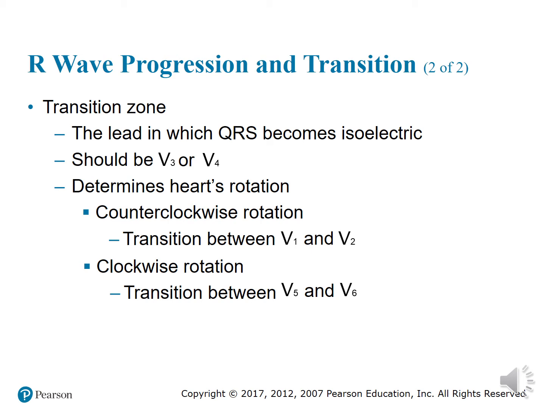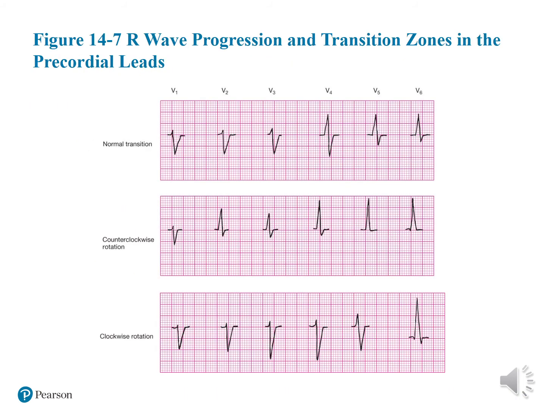All right, determine the heart's rotation. Counterclockwise rotation transitions between V1 and V2. Clockwise rotation transitions between V5 and V6. Okay, so this is what it looks like on the EKG. We see the normal transitions in V1 through V6, what they look like in the counterclockwise rotation, and then what it looks like in the clockwise rotation.